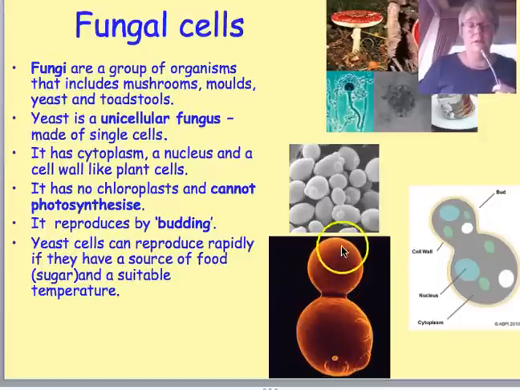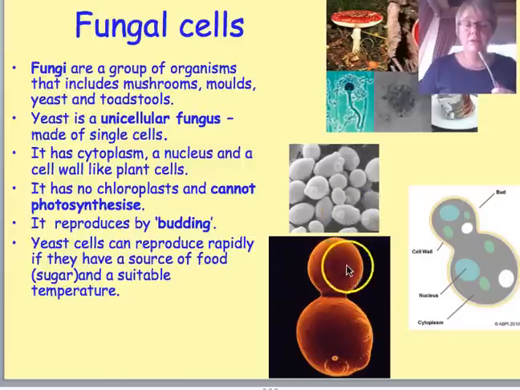Now, we look at yeast actually quite a lot because we use it in a number of experiments to illustrate some processes that take place in the cell, mainly respiration. When you look at yeast underneath a microscope, here's a yeast cell here and a yeast cell here, and these are lots and lots of little yeast cells that are here, and you'll see there's little buds just coming off the cell.